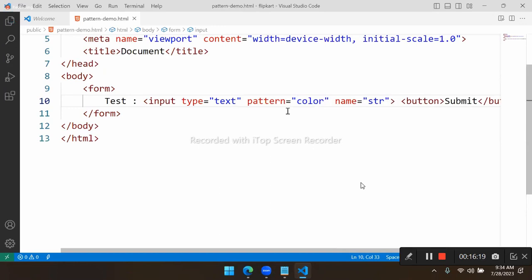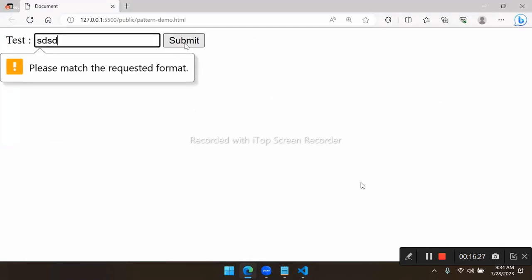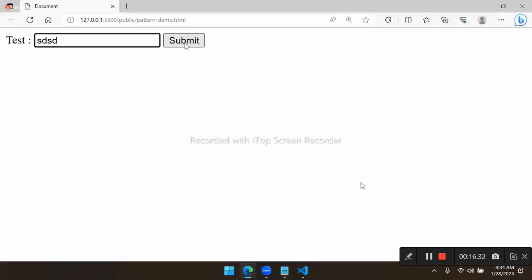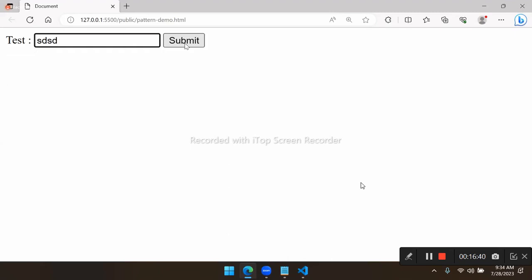And you see, once you set this here, you try to type anything here and click on submit. It's not allowing. It says please match requested format. Later, you will learn how to put your own messages. We can put our own messages.